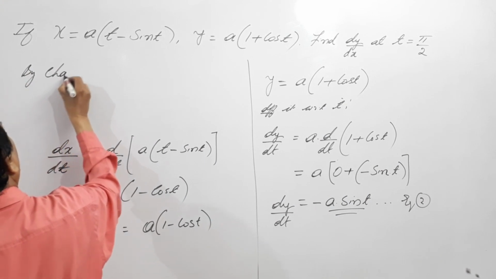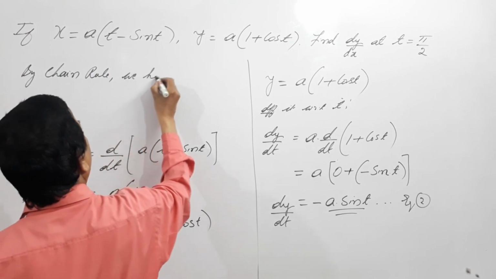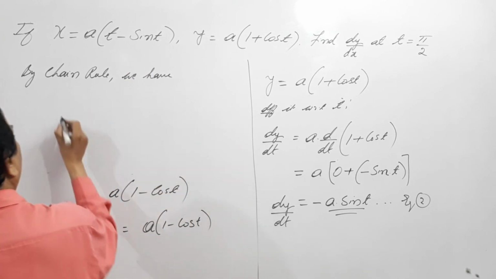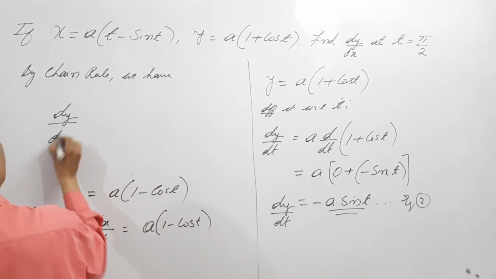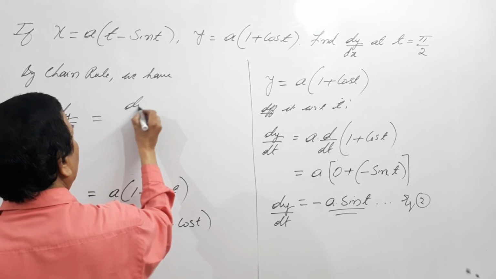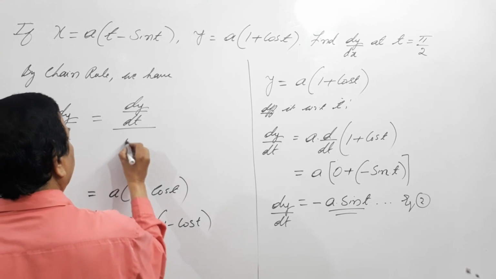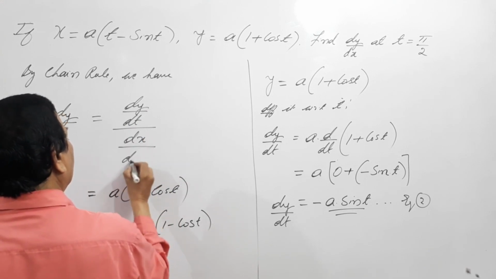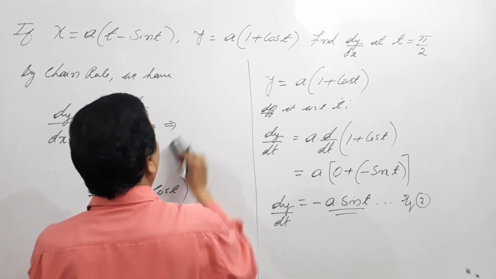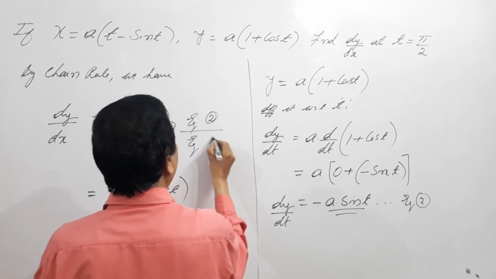By chain rule, dy by dx equals dy by dt divided by dx by dt, that is, equation 2 divided by equation 1.